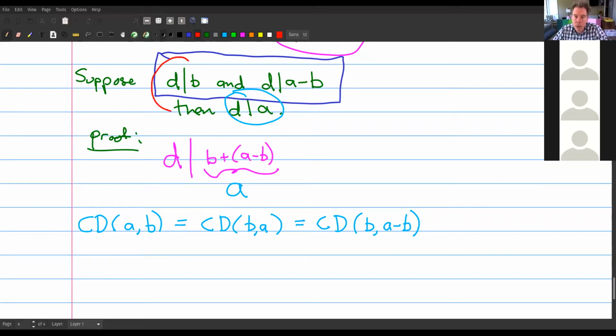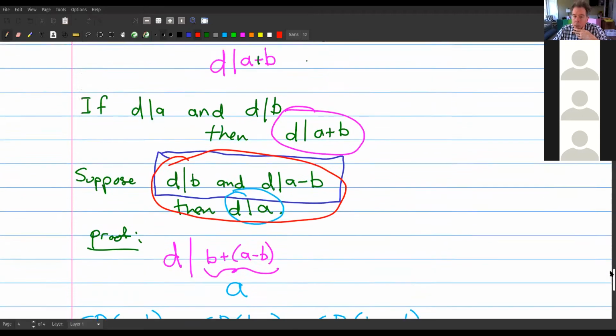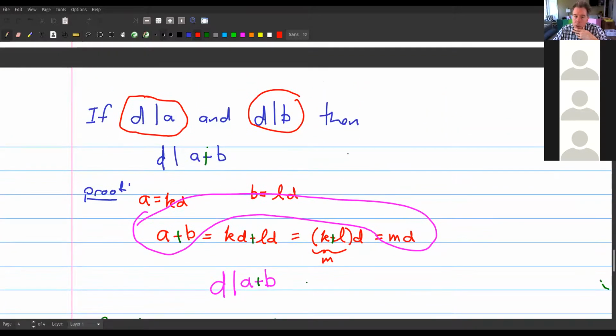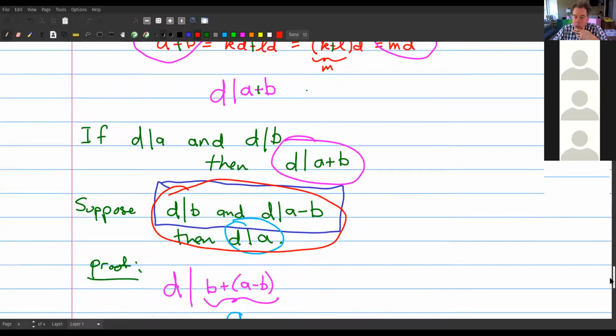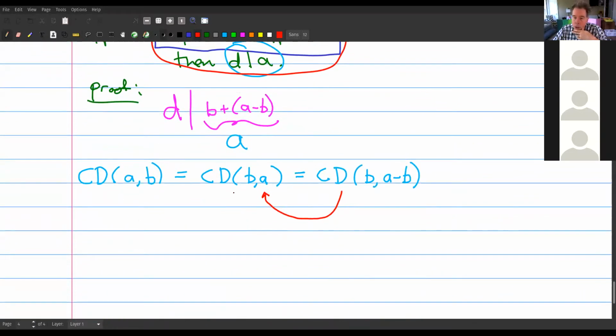If d divides b and d divides a minus b, then d divides a. So any common divisor here is going to divide both b and a, so it's a common divisor there. In the other direction, we showed originally that if d divides a and d divides b, then d divides their difference or their sum. So that gives you the other direction. Everything that's a common divisor here also divides that difference, and so these two sets are equal.